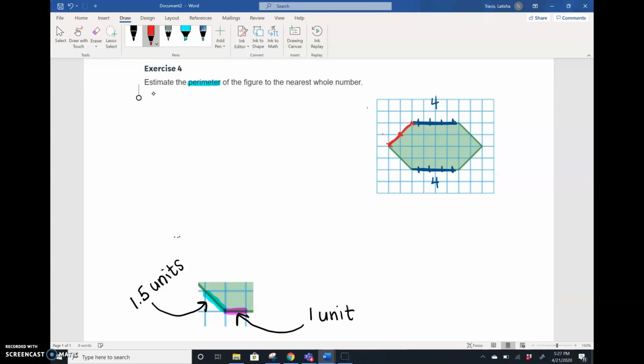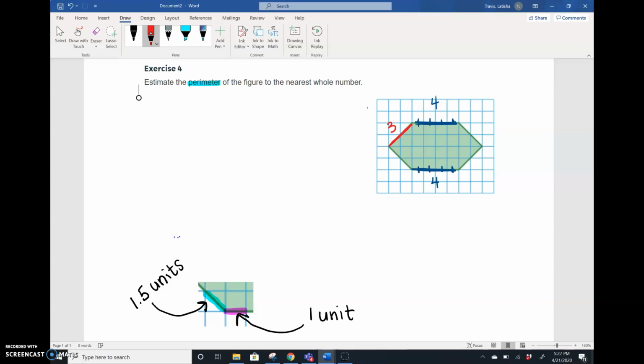So that's 1.5 plus another 1.5, which gives us collectively 3 units in length. Erasing this so that it's a little more neat, this diagonal here is a length of 3 units.